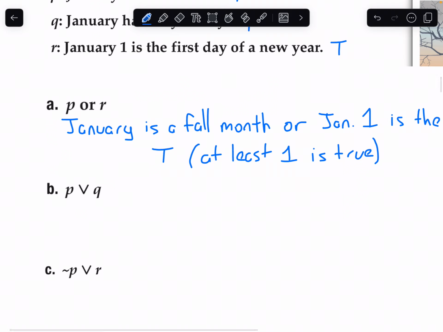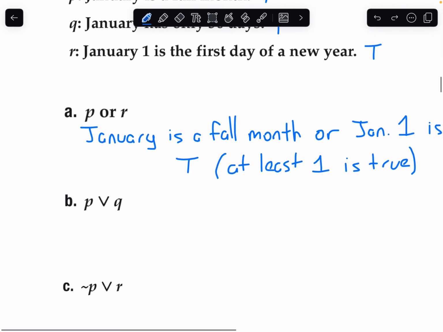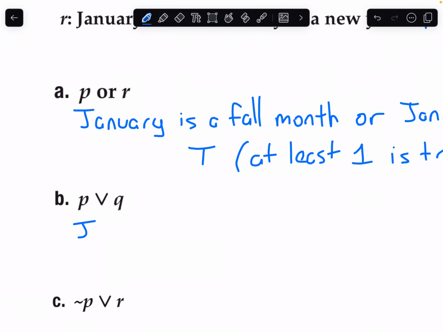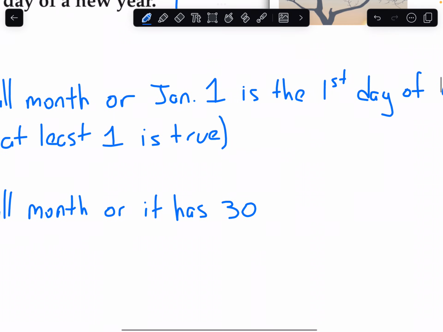How about B? This is P, that's not an N, that's upside down, so it's an or, P or Q. So now January is a fall month, or it has 30 days.